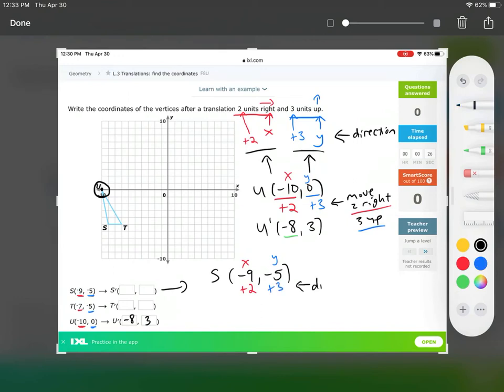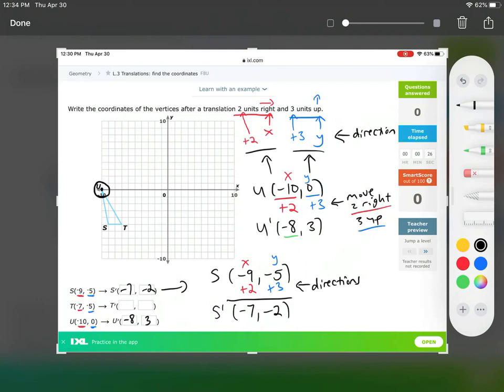So these are the directions that we're going to add to the point. So that means my new point, S prime, will be -9 and a +2, that's -7 if you subtract and take the sign of the bigger number. Now if I focus on the Y's, -5 and +3, those are different signs. I'm going to subtract, take the sign of the bigger number, and that will be S prime.